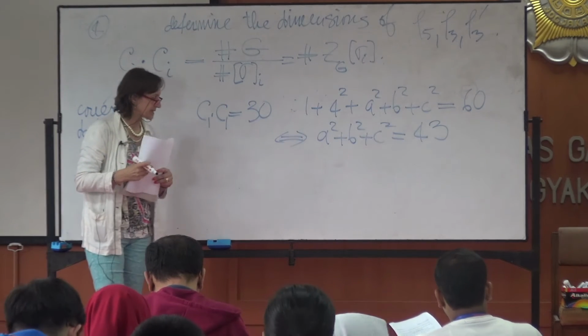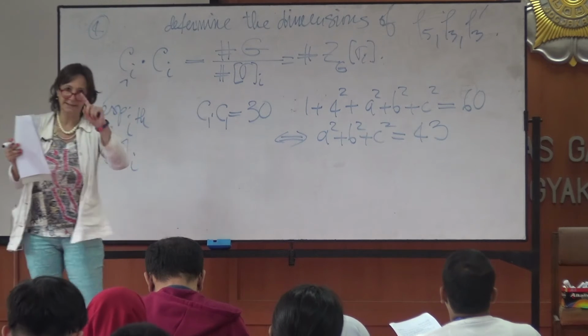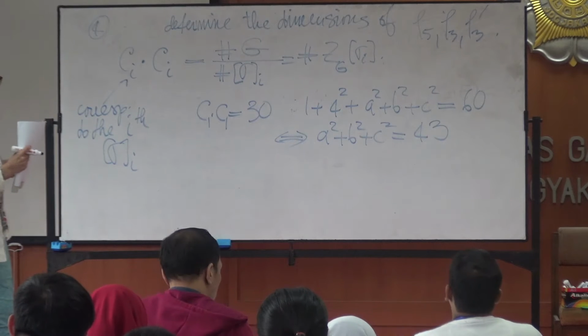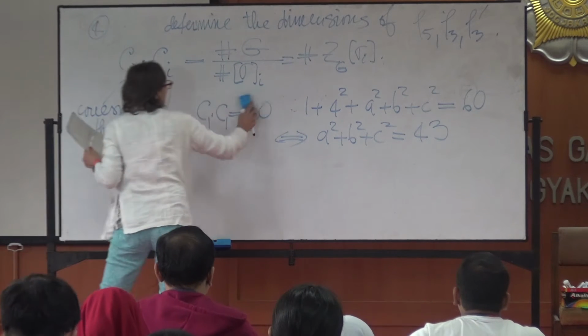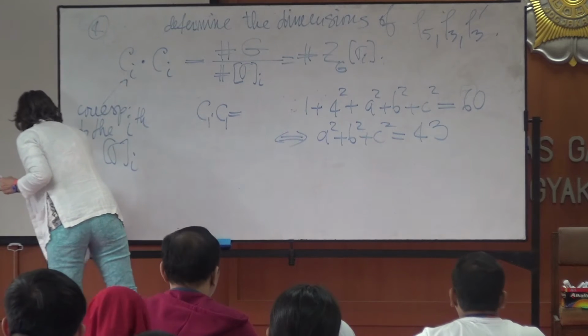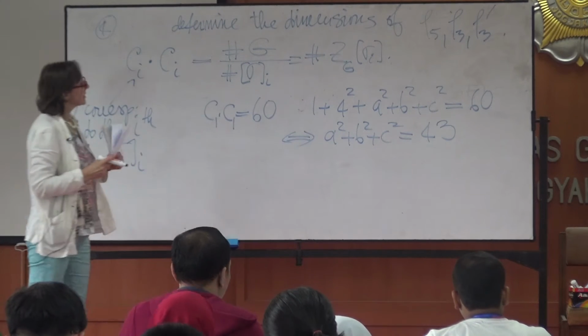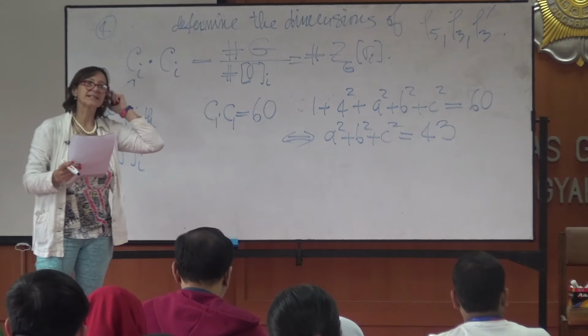Now, A, B, C are integers. I forgot to say that they have to be greater or equal than 2. Sorry, 60. So this is the equation that A, B, C must satisfy.